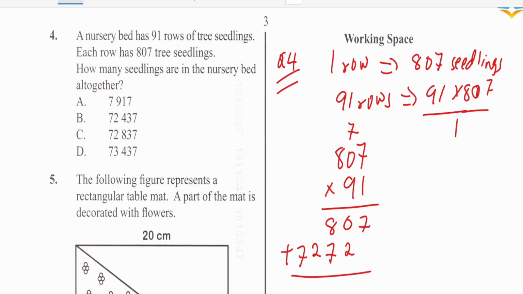So if you add those up, your final answer is supposed to be 73,527, unless I got somewhere wrong. Let me check it out. Yeah, I got something wrong here. This one is supposed to be 7, because 1 times 0 is 0, but if I add 7 it gives you 7. So that's the wrong part that I did. So 7 plus 2 should be 9, but still I'm not getting the correct answer. Again, I don't know where.